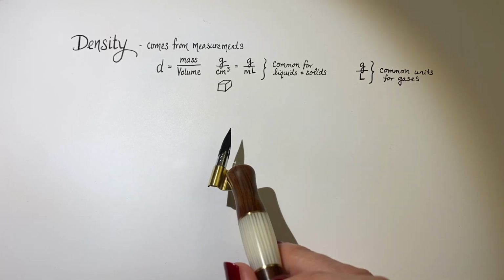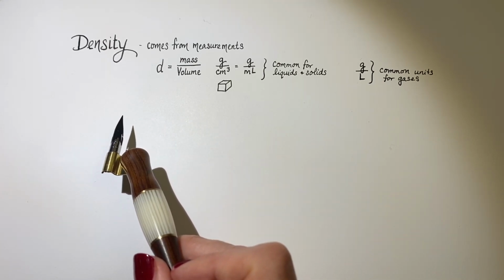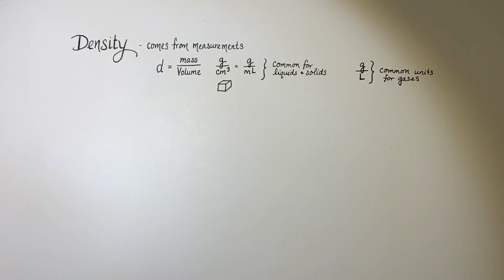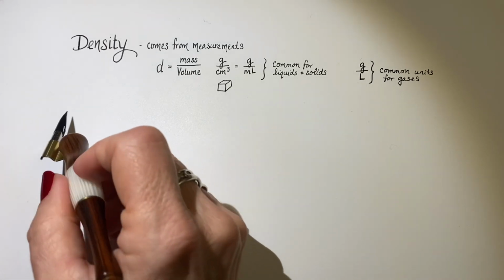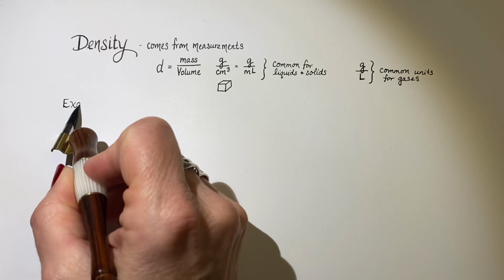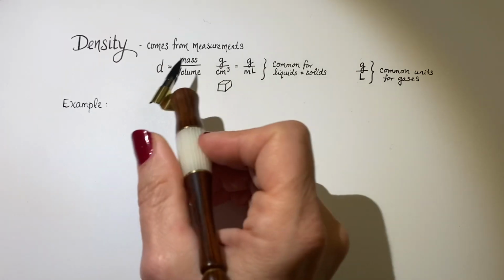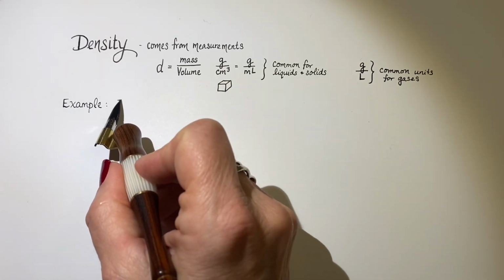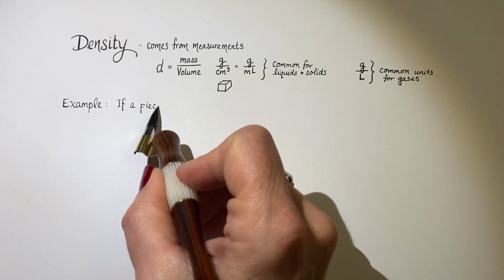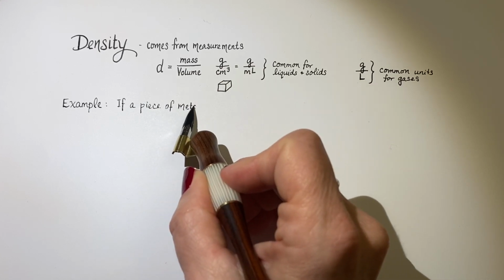Okay, so in terms of the kinds of calculations we might see, let's look at this one. Let's imagine. Let's do this example. If a piece of metal, and we're going to imagine this is a pure metal.